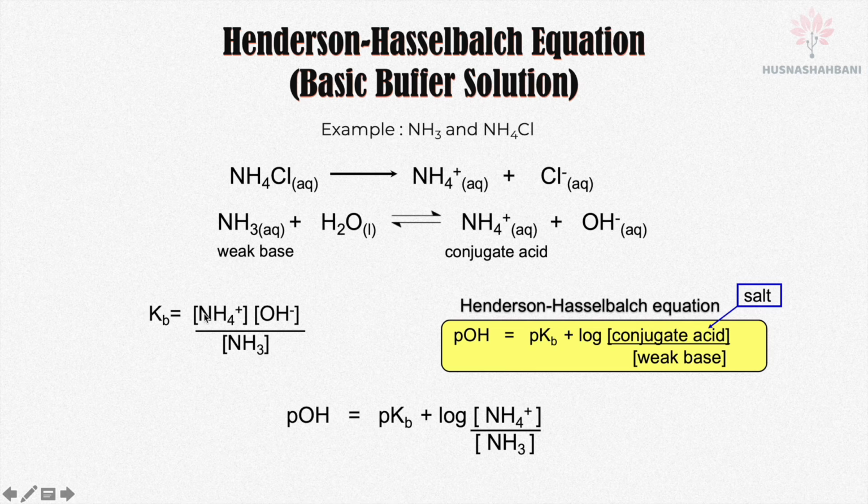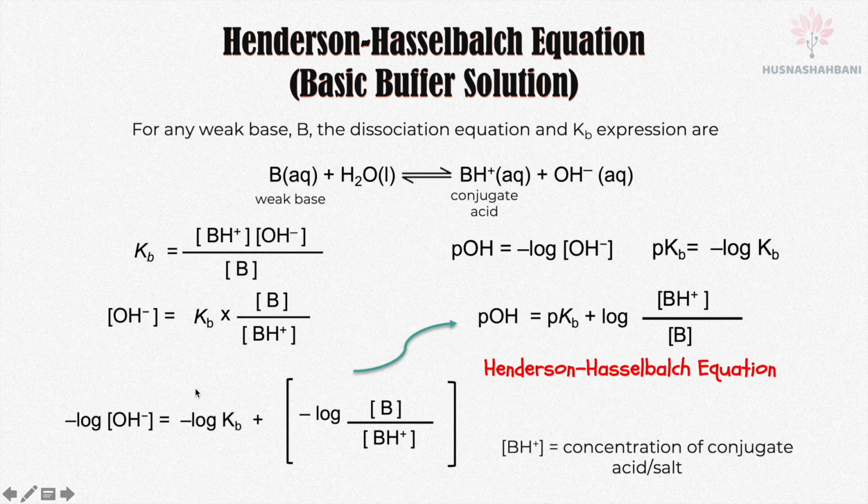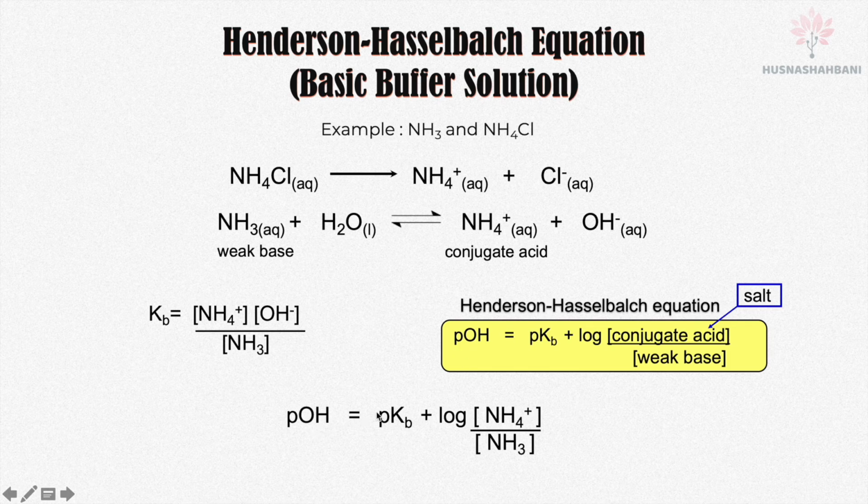So here is the Kb expression, products over reactants, and like I've shown here, you rearrange and put negative log, and you'll get pOH equals pKb plus log of the salt or conjugate acid on top over the NH3 concentration, the weak base, at the bottom. This is the Henderson-Hasselbalch equation for basic buffer solution.